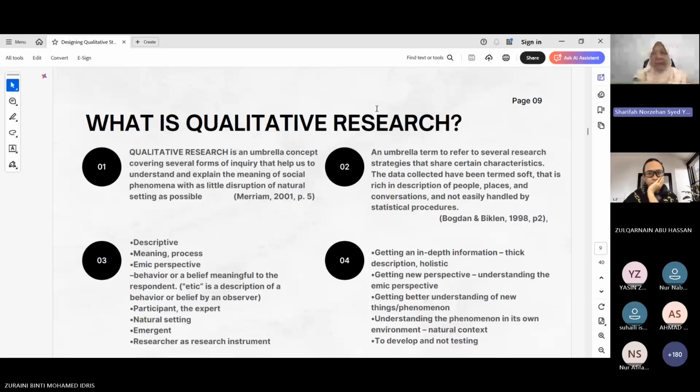Assalamualaikum, Prof. Waalaikumsalam. Nak tanya, is it okay kalau kita ada two phase of interview session? First phase untuk kita dapatkan problem atau current issue, then second phase untuk kita validate our findings.